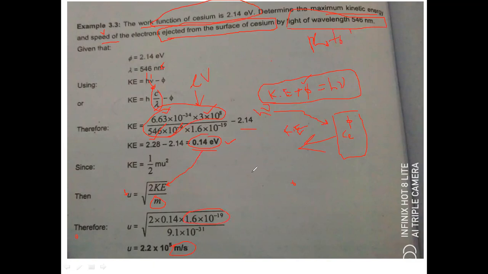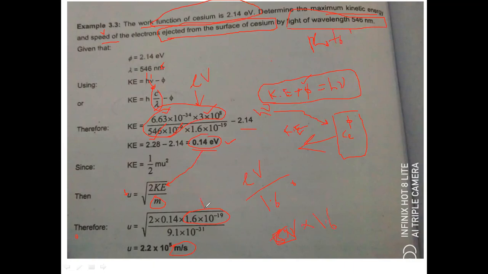To convert to electron volt, we divide by 1.6 times 10 to the power minus 19. And to convert into SI, we multiply the electron volt value by 1.6 times 10 to the power minus 19.